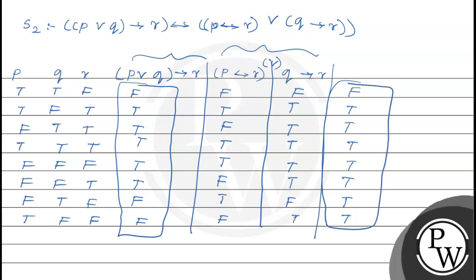The final truth value will be false, false will give us true, true, true, and here we will have true. Since the same values are true, it will be true. And in all the remaining cases, it will be false. False, true will be false. And false, true will again give us false. So here we can clearly see there are three falses that we are getting. So even statement 2 is not a tautology.